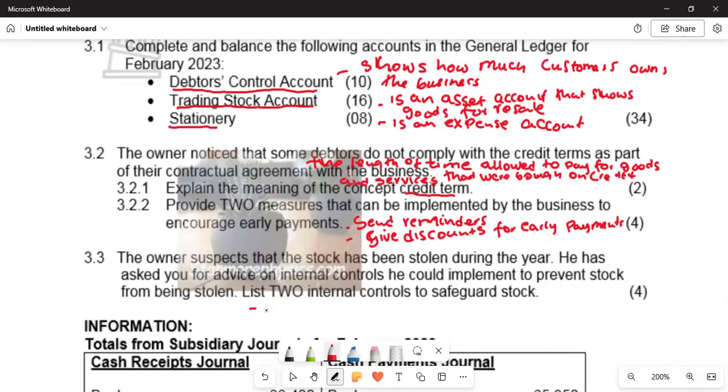Then we can say separation of duties. We can again talk about regular physical stock count.